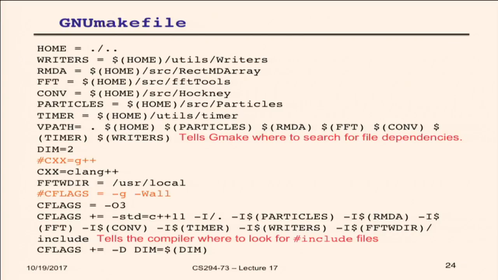They are all in either the subdirectories of source or the subdirectories of util. And then all these other places are where you might need include files, including the FFTW directory /include to get the ones for FFTW3. And then I kind of ran out of space here, so I did CFLAGS plus equals and define DIM to be the value I've set it to up here.